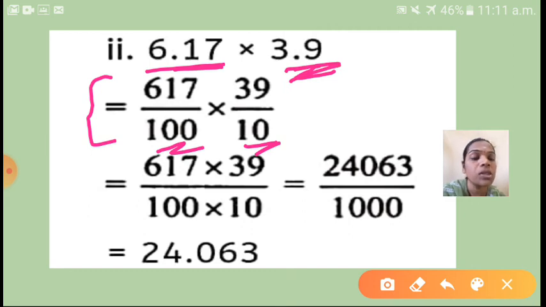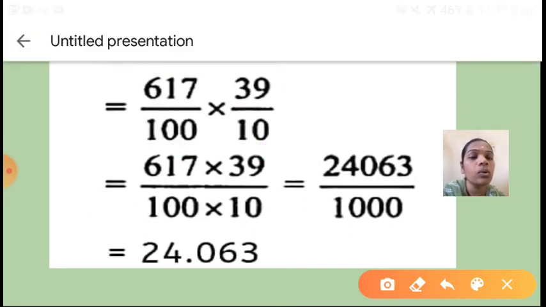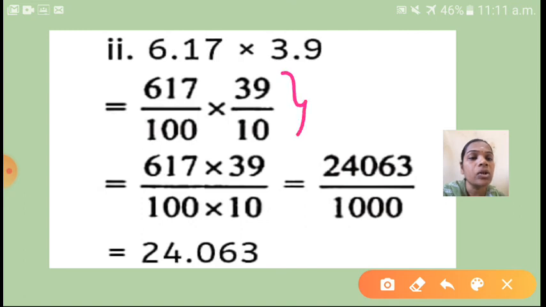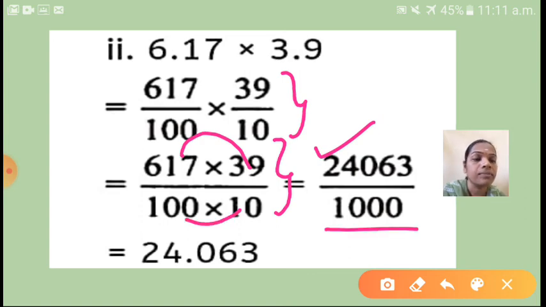Okay children, so now you have to multiply, numerator into numerator upon denominator into denominator. So this step will come as the third step. Next you have to multiply these two numbers and you will get the answer, 24,063 upon 1000.